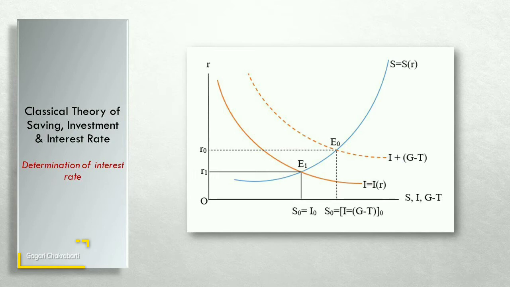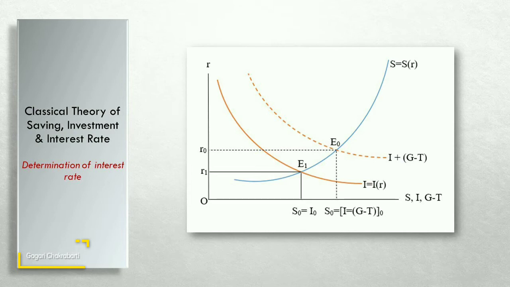The I equal to I(r) line shows the investment demand for the individual firms at different levels of interest rate. As mentioned earlier, government will also issue bonds or they will demand the loanable fund if they want to finance their government deficit or their budget deficit by raising money through issuing of bonds.